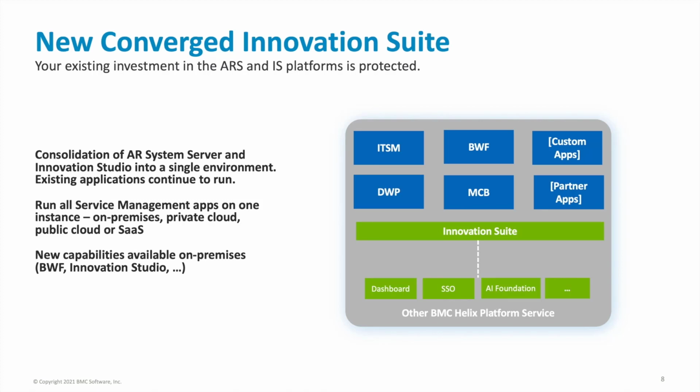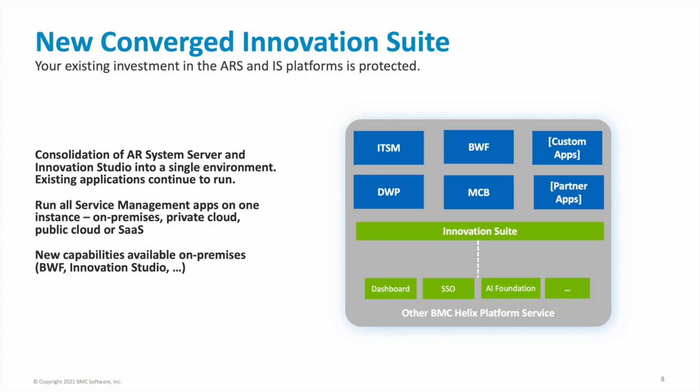Now, you can imagine that simplifies deployment quite a bit, but there's a number of other benefits that come with it. Number one, it's the same deployment model across our own SaaS deployments. You can use this deployment model in private cloud, public cloud, on premises, it also allows us to now offer certain capabilities that have traditionally only been available in SaaS as an on-premise offering. For example, the underlying innovation suite capabilities or business workflows as one of the solutions.